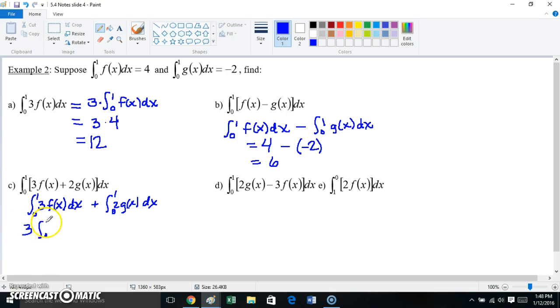We can pull those coefficients out in front, and simplify the expression by plugging in the values for each integral. So we're going to have 3 times 4 plus 2 times negative 2. That's 12 minus 4, or 8.